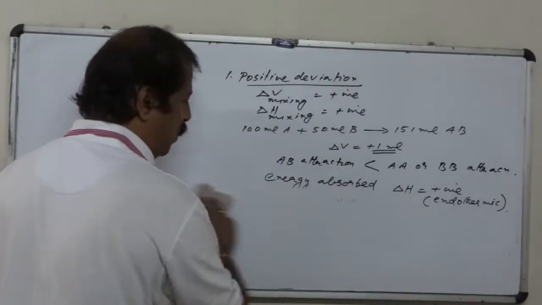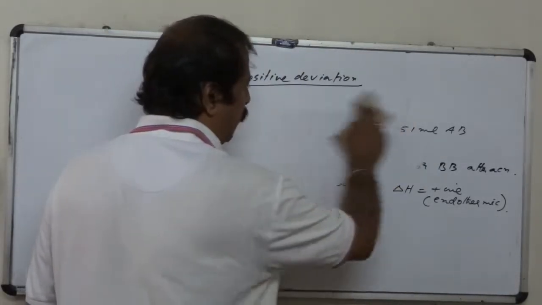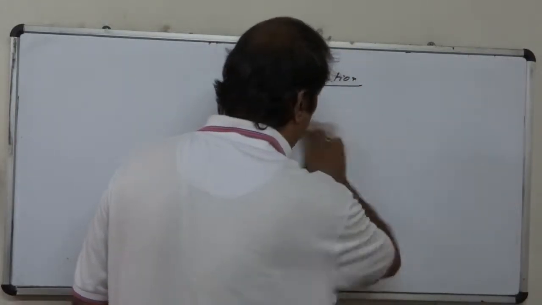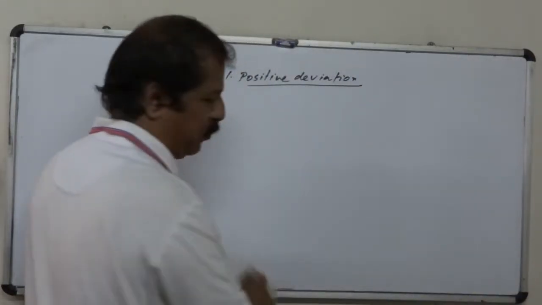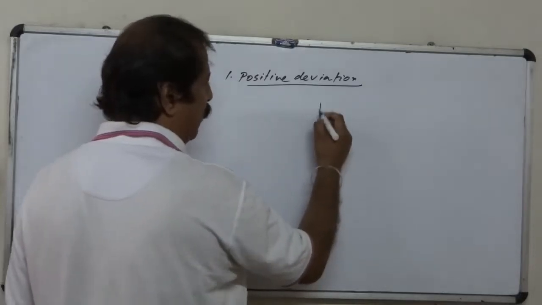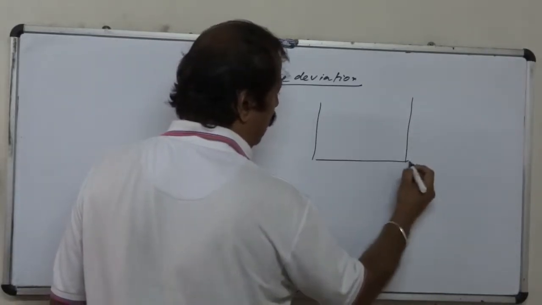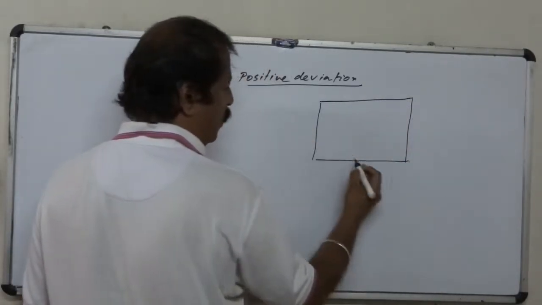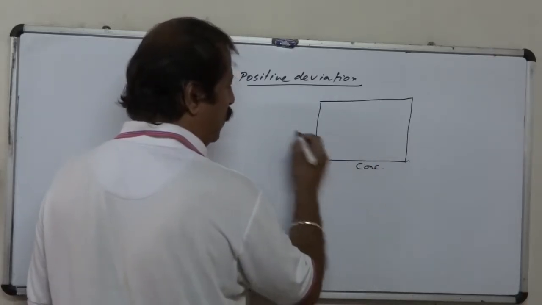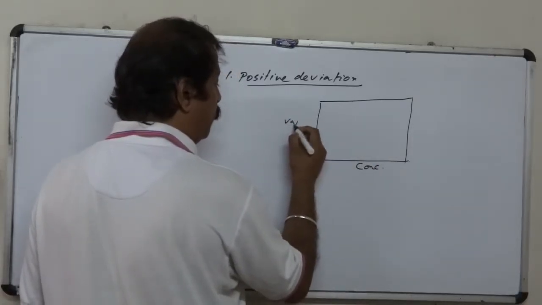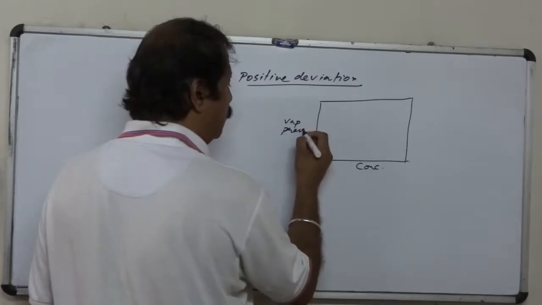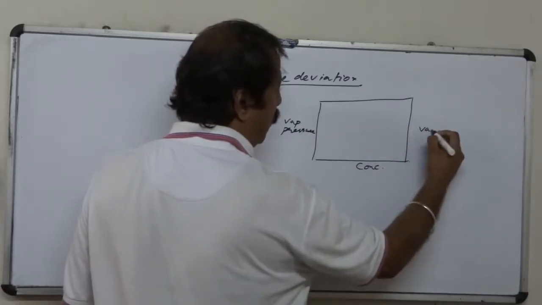For positive deviation, we look into the graphical representation. Here we have concentration, and here we have vapor pressure, here also vapor pressure.